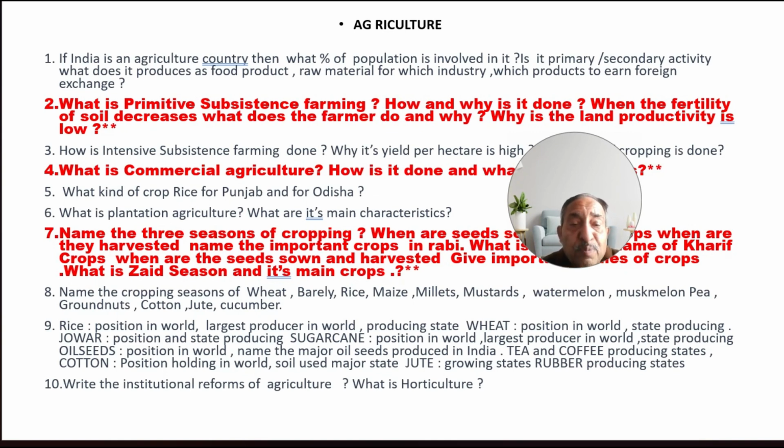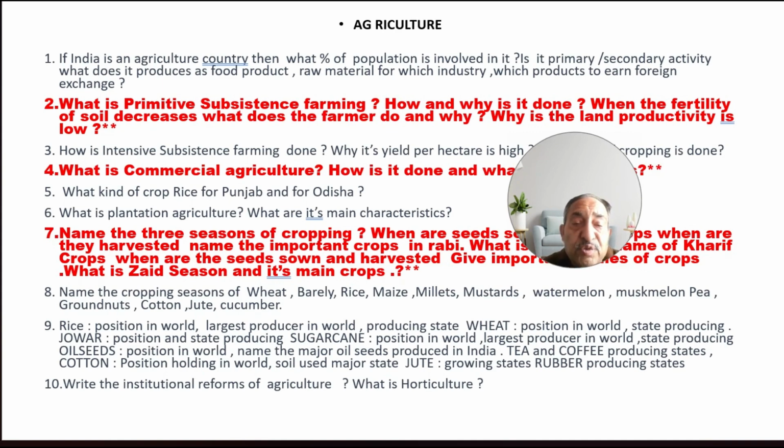Oil seeds, position in the world, name of the major oil seeds produced in India. Tea and coffee, producing states, cotton, position held in the world, soil used in the major state, jute, growing states, rubber, producing states, जो भी.